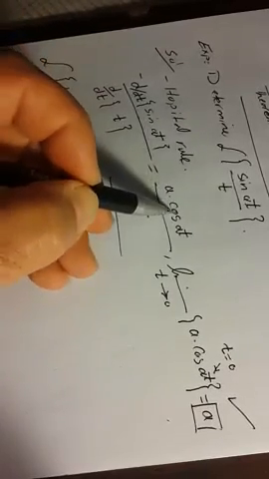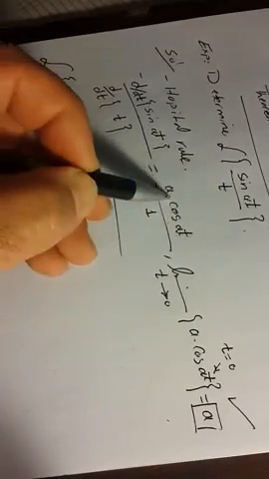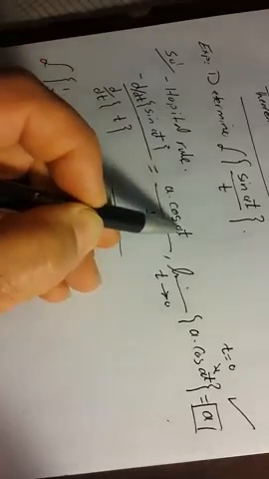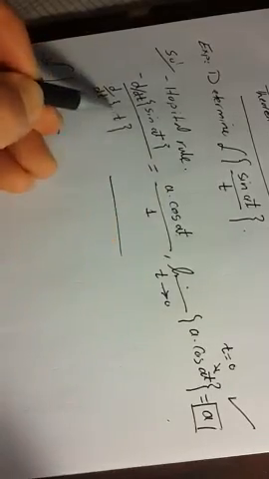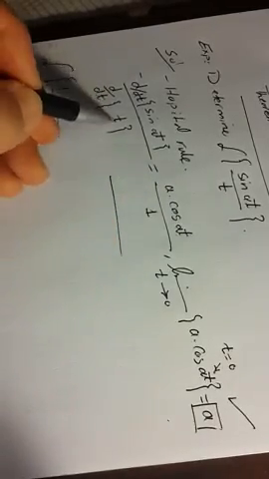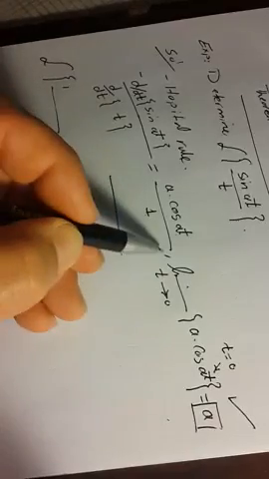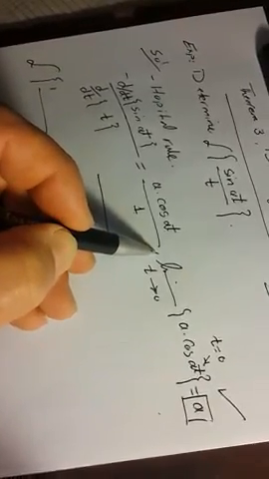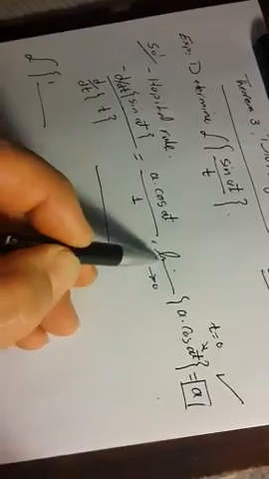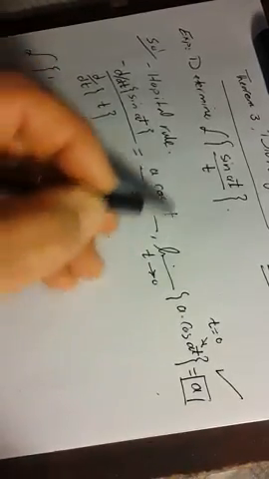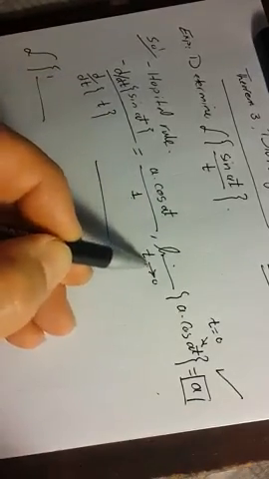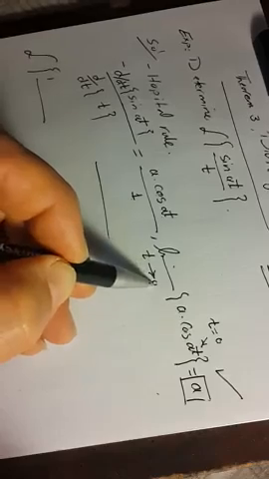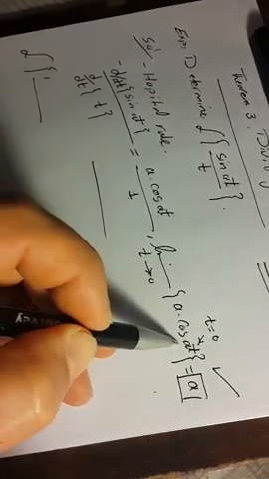The derivative of sine is cosine at times the derivative of the inside, over d over dt of t, which is 1. Then we take the limit of the result when t approaches 0.